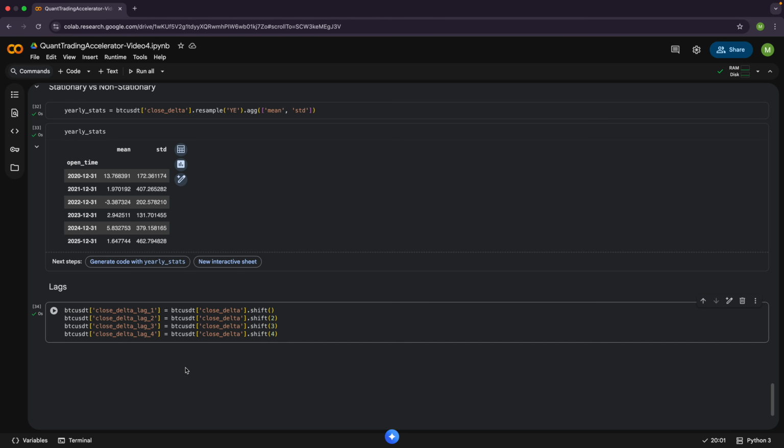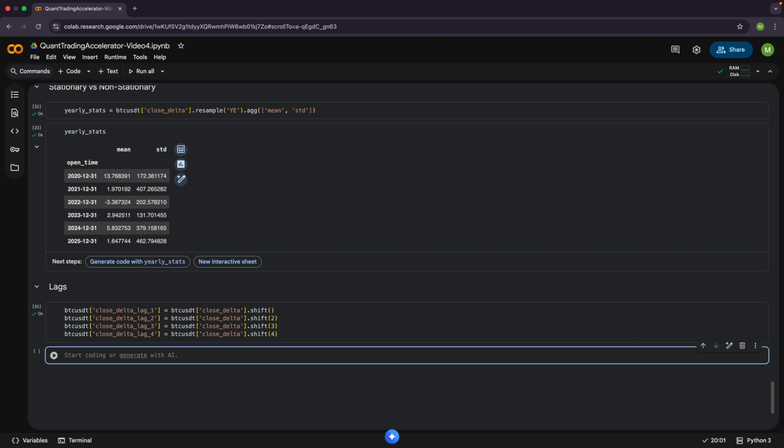So we want to predict closed delta from the previous lags. Lag 1 represents the previous hour, lag 2 the second previous hour, third hour, fourth hour, etc. So we're going to run this, and now I want to print out and show what it's actually doing here.